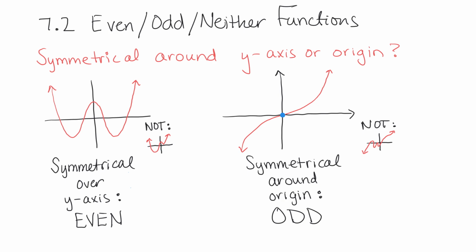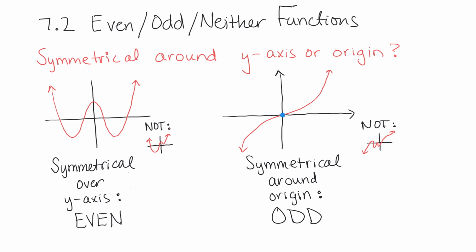When you're looking at a graph, you're going to be able to determine whether it is an even or an odd function because of its symmetry, okay? If it is symmetrical over the y-axis, in other words, if I cut it down the y-axis, is it the same on both sides of that y-axis? If it is, then it's going to be an even function, okay?